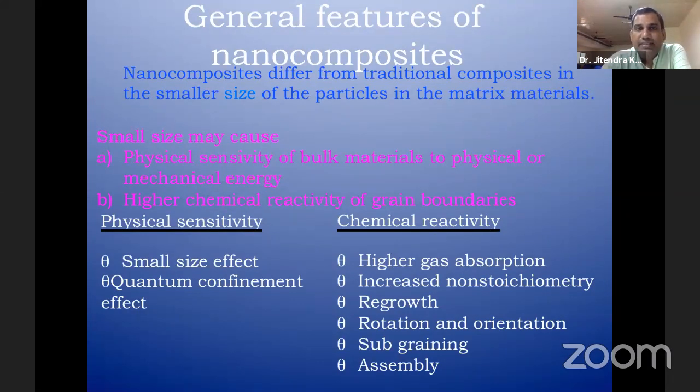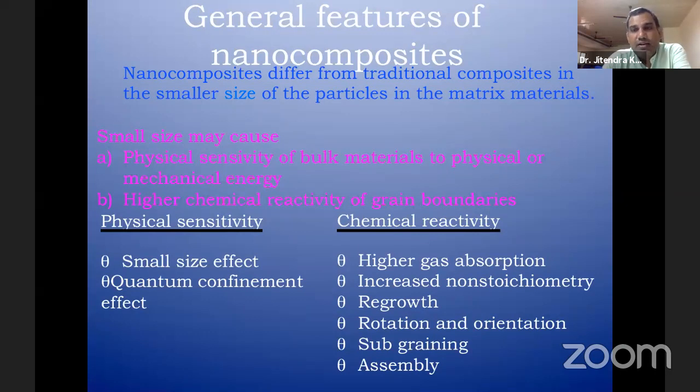What are the basic general features of nanocomposite material, and how is it different from the traditional material? In this slide I want to show you some differences. So nanocomposite is different from the traditional composite in the smaller size of the particle in the matrix material. That is the basic difference. In traditional composites, the size of the particulates is larger than in nanocomposite.